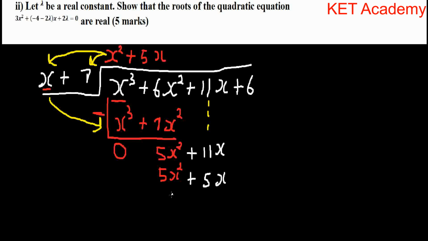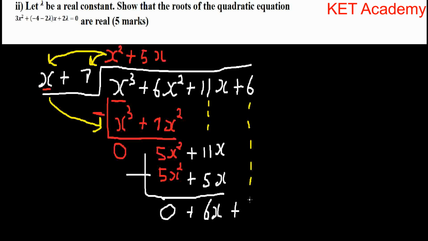So now we simplify by subtracting. 5x squared minus 5x squared is going to give us 0, and 11x minus 5x is going to give us plus 6x. So we bring down the constant term with its sign. The sign in front of the constant term is plus, so we bring down plus 6.